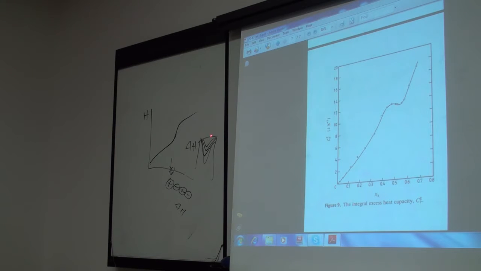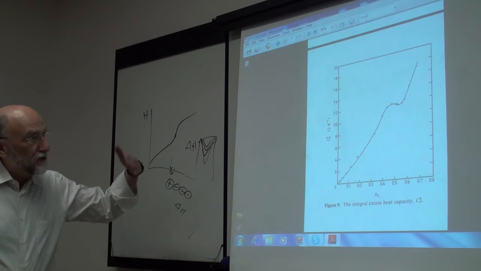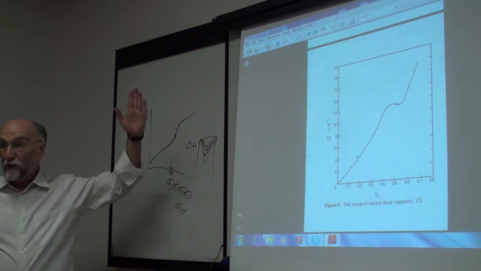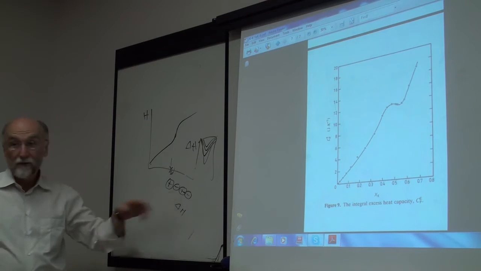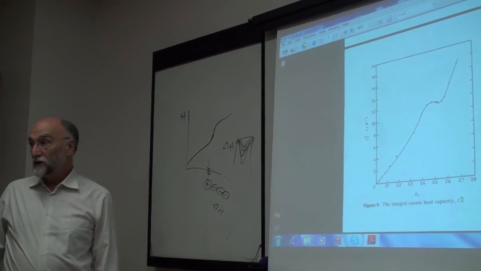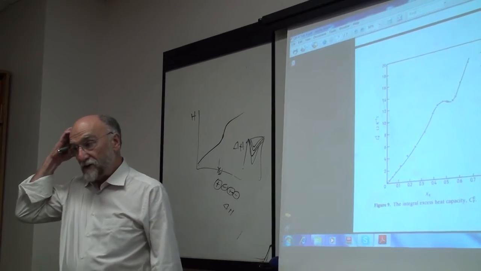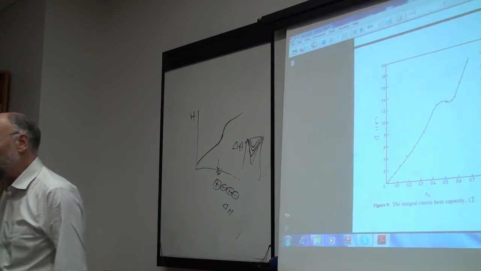So with the quasi-chemical model, even though your quasi-chemical parameters are constant, the heat of mixing is not constant and will become less negative as you go up in temperature, because the ordering is decreasing. So the quasi-chemical model does give you naturally an excess heat capacity, even if you have constant parameters.